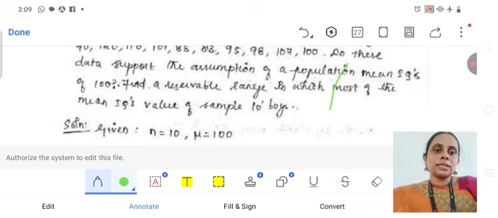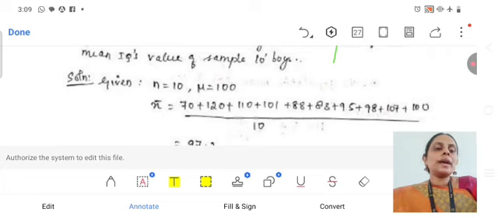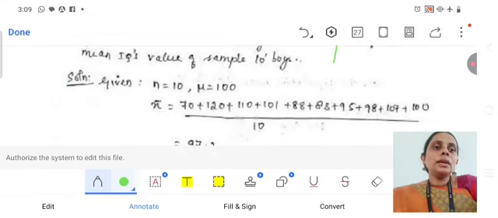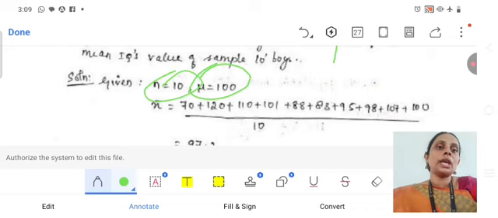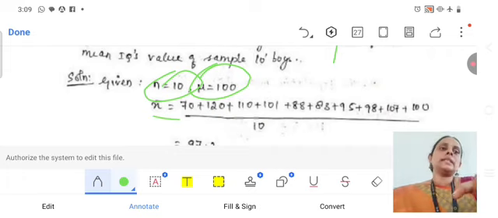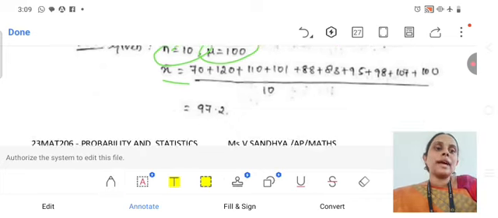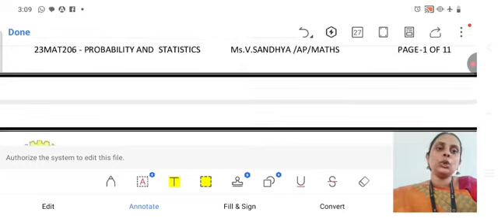So what are the values given? Mu is 100 and n is 10. Using this data, we want to find x bar. We add all the IQ values and divide by 10, and x bar is 97.2.